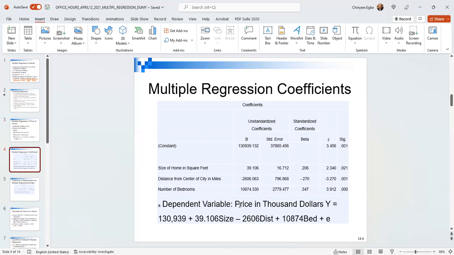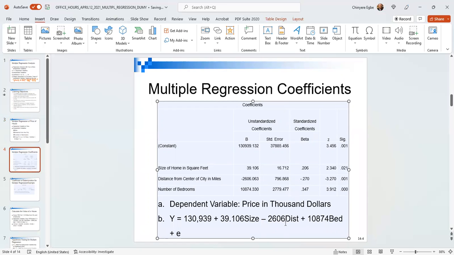As we said, the dependent variable is price, in thousands of dollars. Therefore, Y is equal to 130,939 plus 39.106 times size.